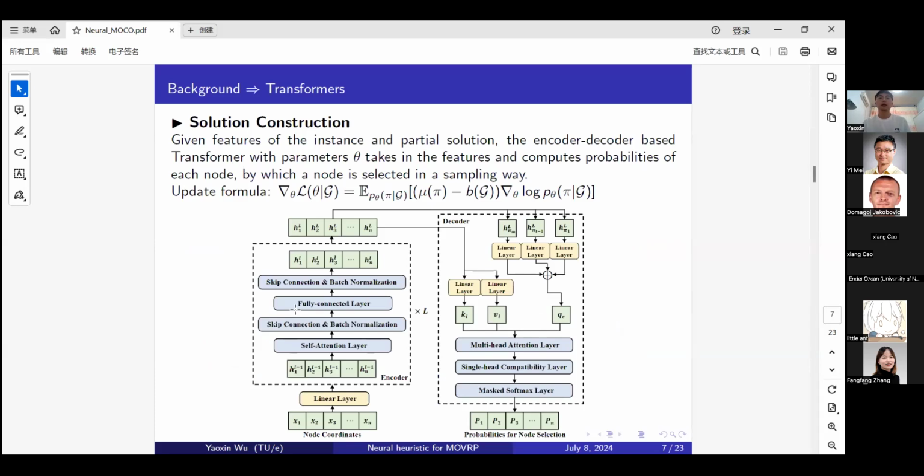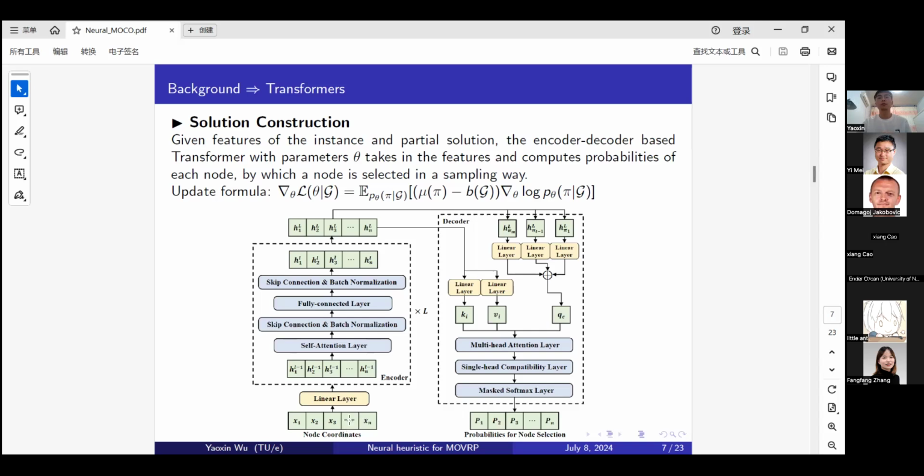And for the policy network, or the neural network used by the agent, we often use an encoder-decoder based transformer model. So we input the information of the instance, for example, the coordinates of customers.